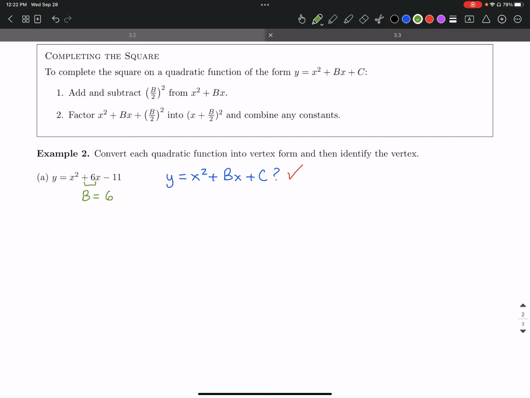I take the sign with it. Now, the claim is that the magical number that I need to both add and subtract from the first two terms in this original quadratic is given by (b over 2) squared. So I'm going to calculate what that is here.